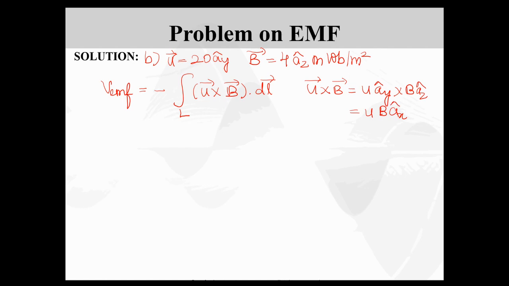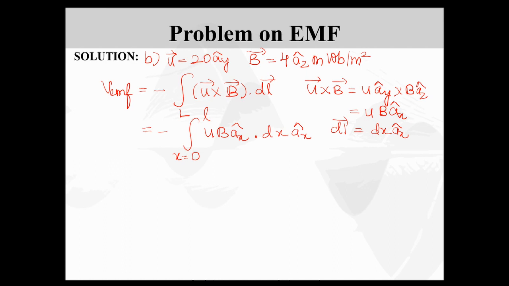So we need to consider the path which is along the AX direction in order to make this dot product a maximum one. So it is minus of the integration. So dl will be of the type dx AX. So that is UB AX dot dx AX.